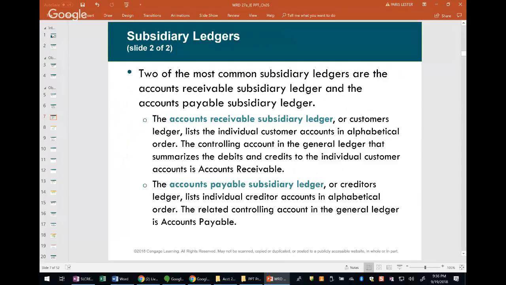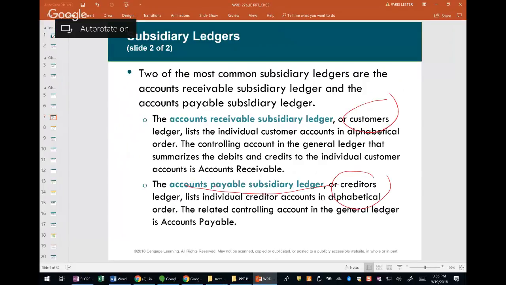That's a customer's ledger. And the accounts payable subsidiary ledger is a creditor's ledger. Customers and creditors.